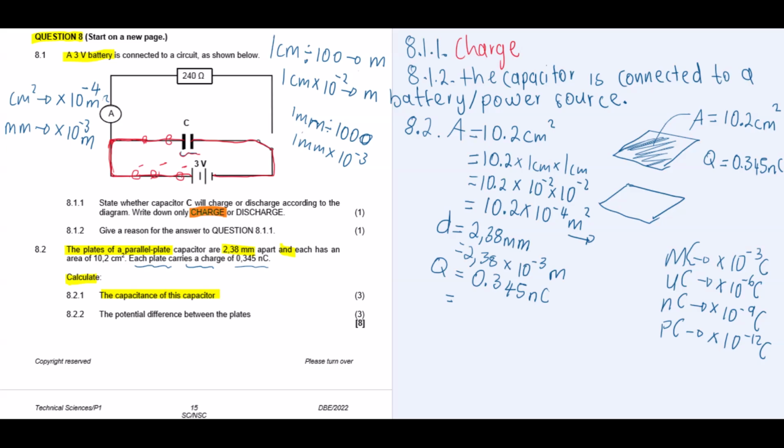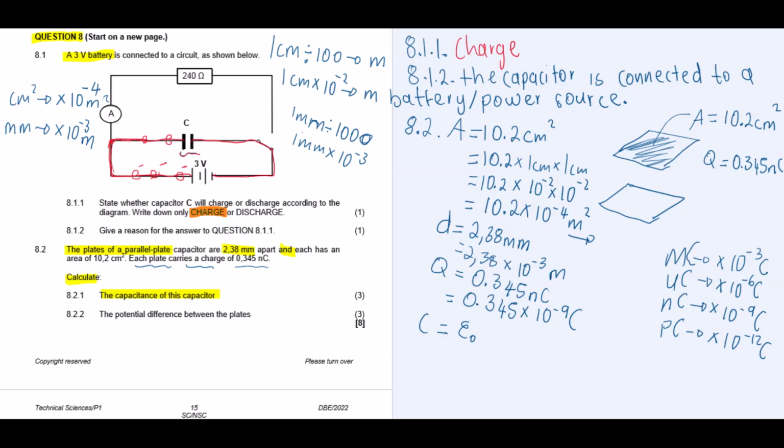If it's picocoulombs, we multiply by 10 to the power of negative 12. Here we also have this one in nanocoulombs, so we also do another conversion, multiplying by 10 to the power of negative 9 coulombs.